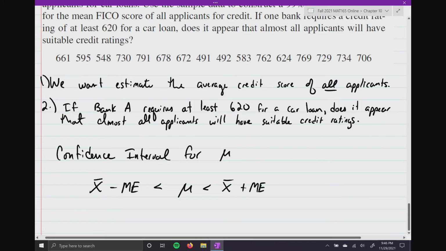And our margin of error is equal to t alpha over 2 times s over the square root of n. And we need degrees of freedom here. So our degrees of freedom is going to equal n minus 1. All right?